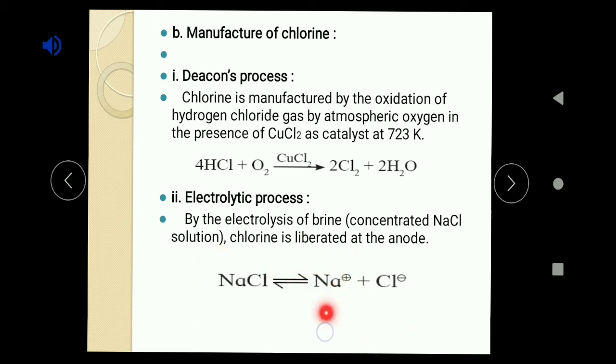Now, Na plus, as it is positively charged, will go to the negatively charged cathode. As we have used a solution, Na plus is liberated at cathode in the form of NaOH. Chlorine, as it is negatively charged, will liberate at anode which is positively charged.